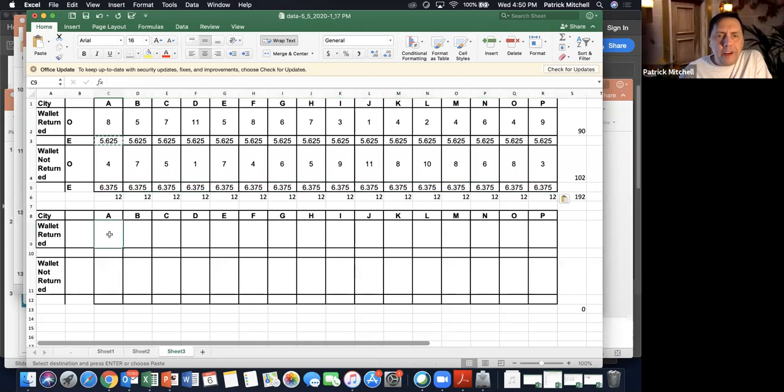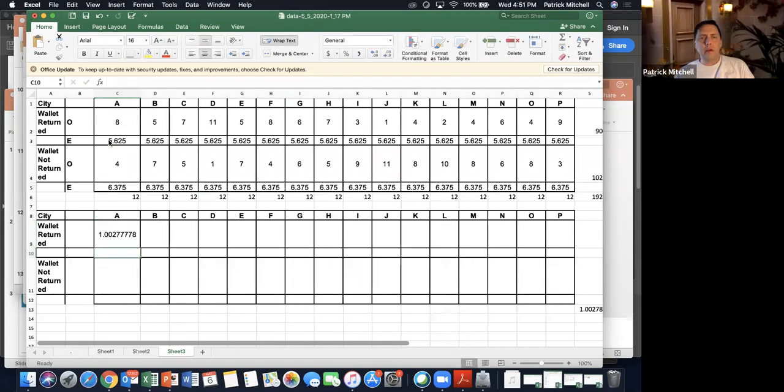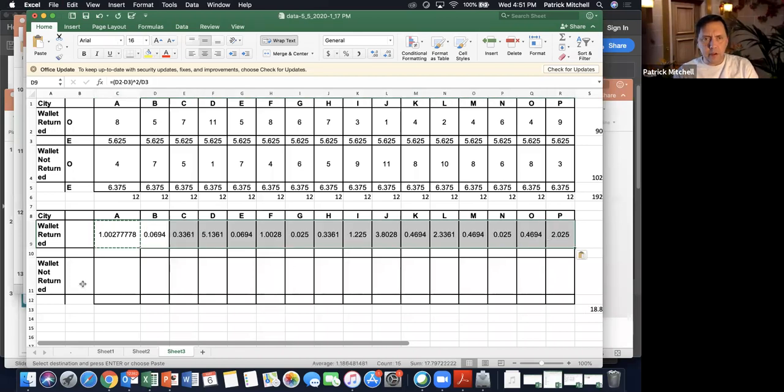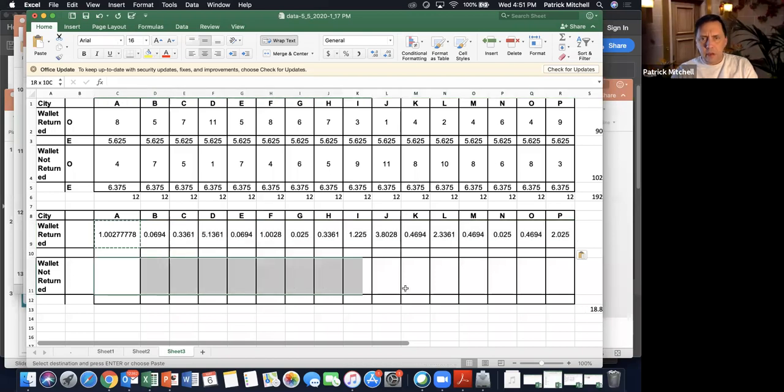So now I'm going to calculate my O minus E squared divided by E for each cell. So here I'm going to say equals, parenthesis, O minus E, squared, divided by E. All right, so now if I copy this all the way across here, it's interesting.